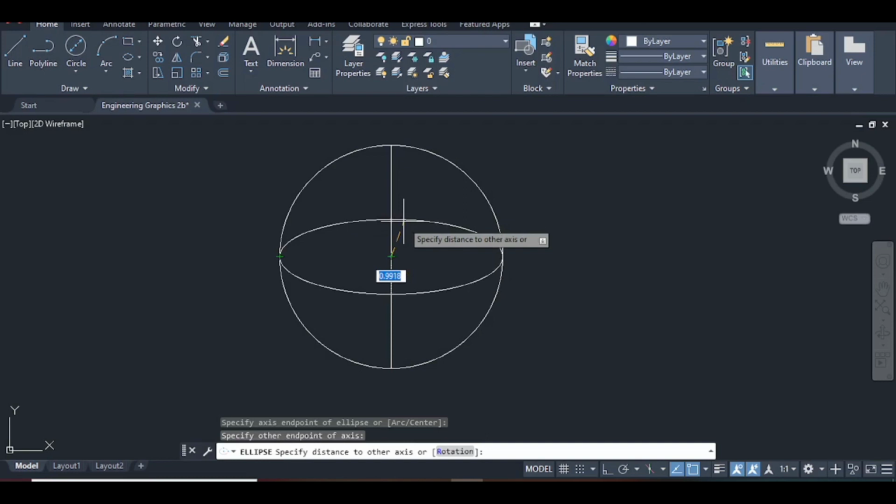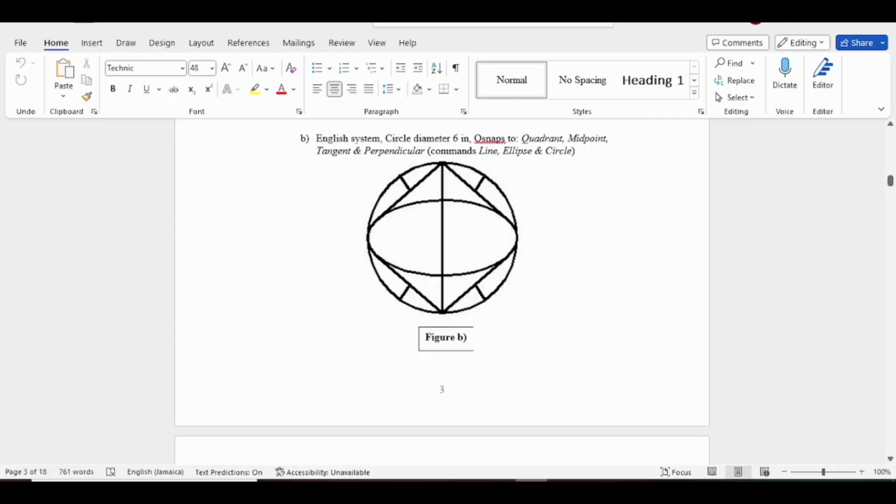So specifying, it never gave any information about the ellipse.